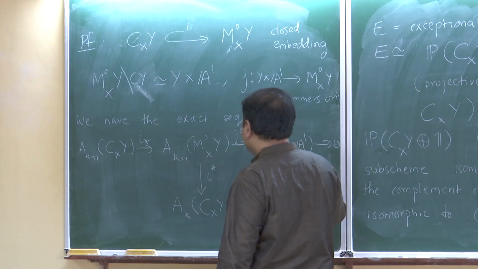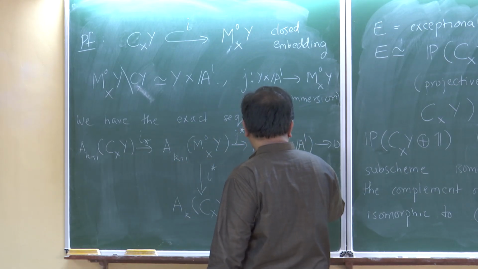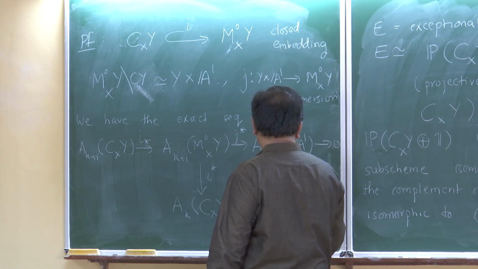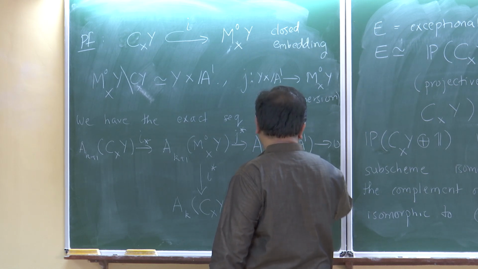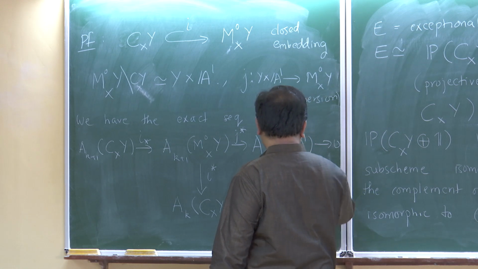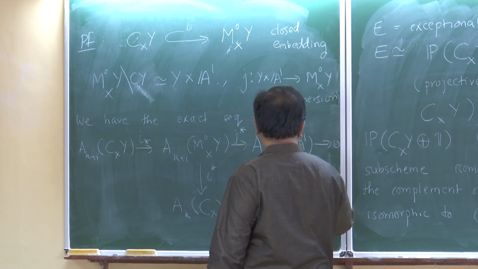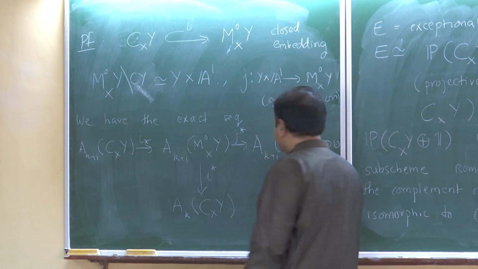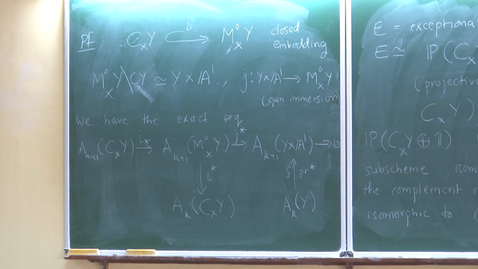And then you have the flat pullback from A_k(Y) to this. So you take the projection and take the flat pullback, and this is actually an isomorphism, right? This is also something we saw.